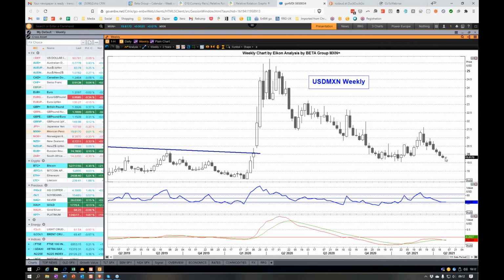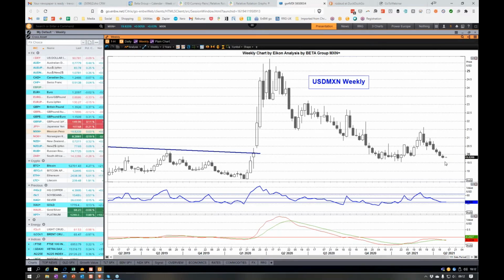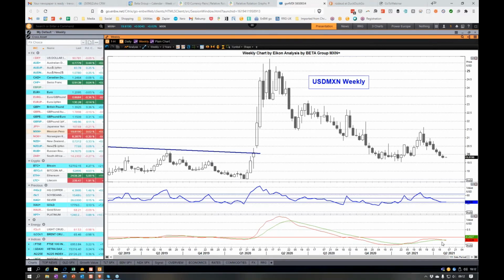Then it ended, and now we're moving down again in the dollar, and the Mexican peso is strengthening once again. So it's about to cross over here, giving the weekly MACD crossing over to negative, and the RSI is also very negative, very weak there.